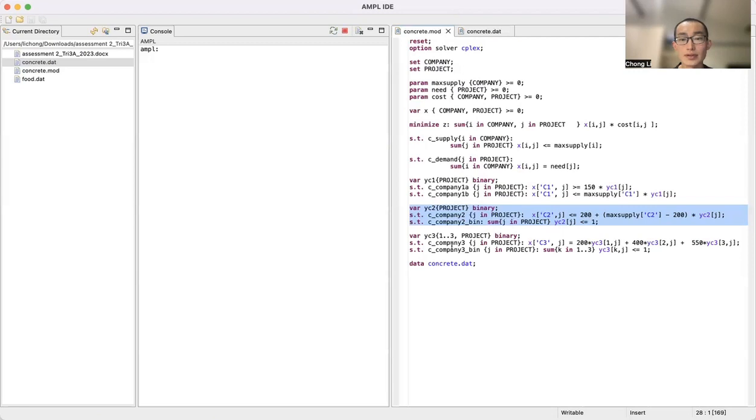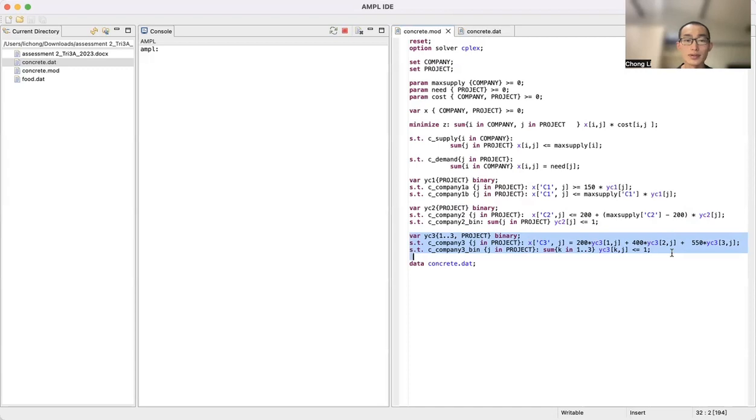As you can see, YC3 has actually two variables in it. This is also binary. It actually means company 3 has 3 kinds of packages: 200 units of concrete, 400 units of concrete, and 550 units of concrete.